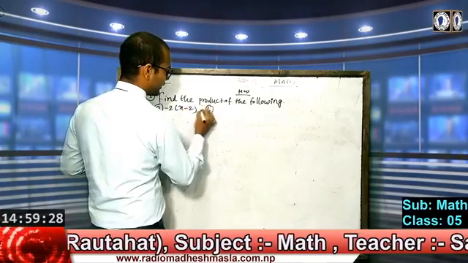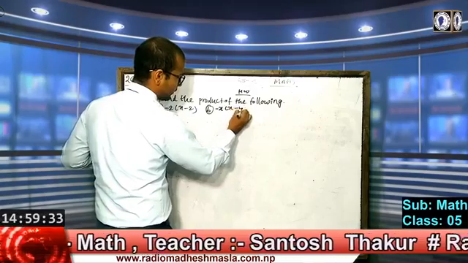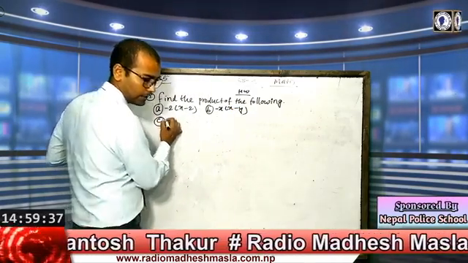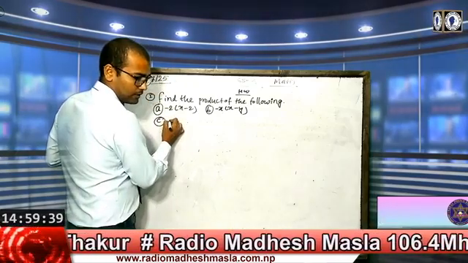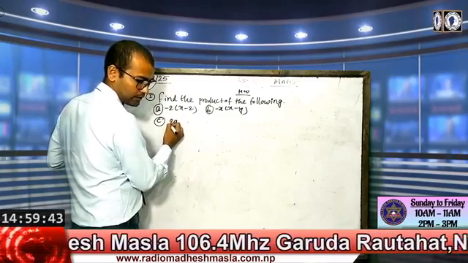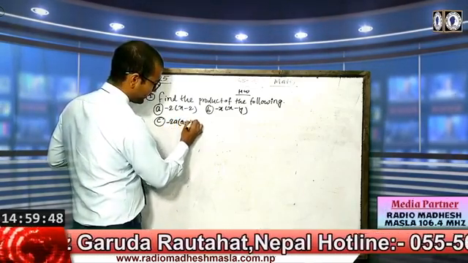B: minus x into x minus y. C: minus 2a into a minus 4.